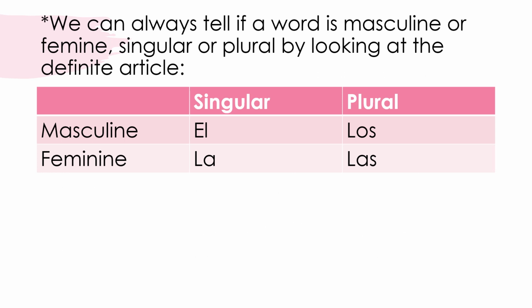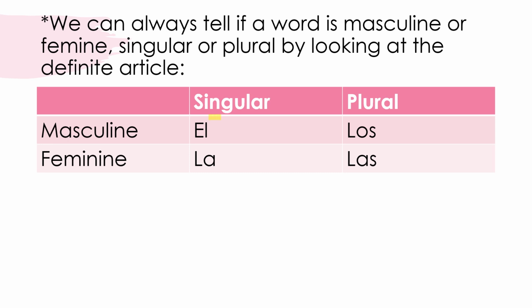Look at this chart here. We can see that going down, we have masculine, feminine on the far left side. This tells me that my columns are going to be masculine at the top, feminine at the bottom. If my item is singular and masculine, we see el is that coordinating word. So these are the definite articles. And we can look at those definite articles at the beginning of each word to be able to tell if we are talking about a masculine or a feminine, a singular or plural.